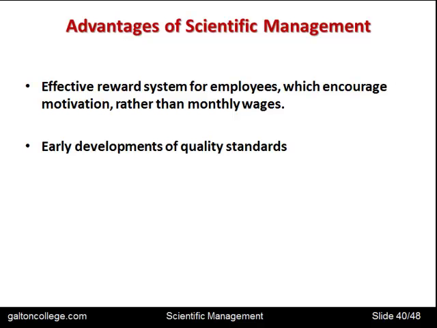There was an early development of quality standards. The scientific approach suggested, if it didn't actually do, it suggested the need for quality. So that the employees who had the right skills, the right abilities, matched to the right tasks, with the right tools, the right instructions and directions about how to perform the task, and with benign intervention on the part of management who were watching to make sure that the job was properly done.